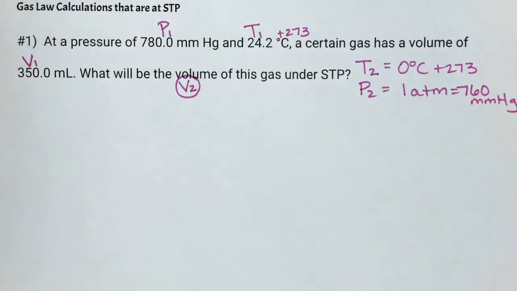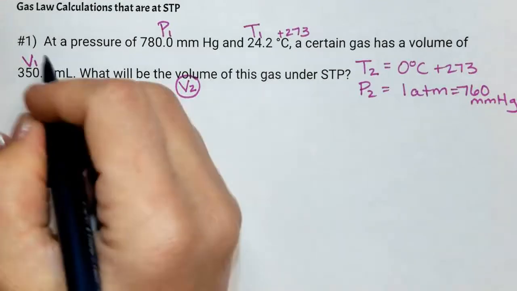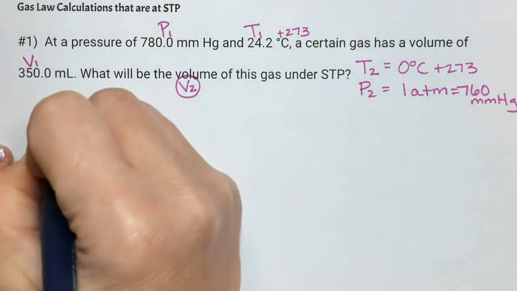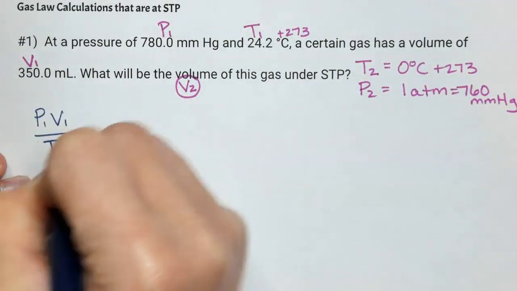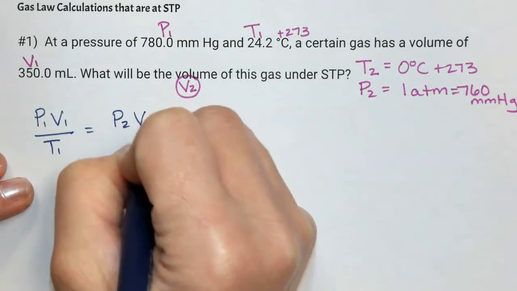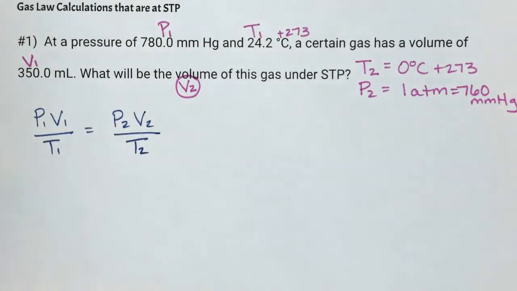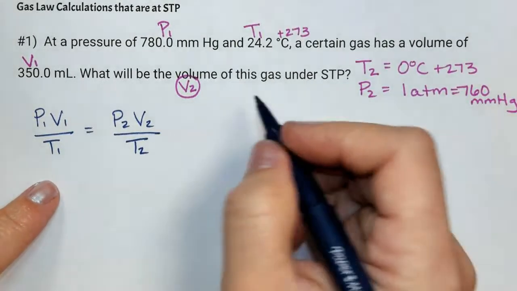Now that I have all of my variables figured out, my equation is P1 V1 over T1 equals P2 V2 over T2. So I can substitute in my information.